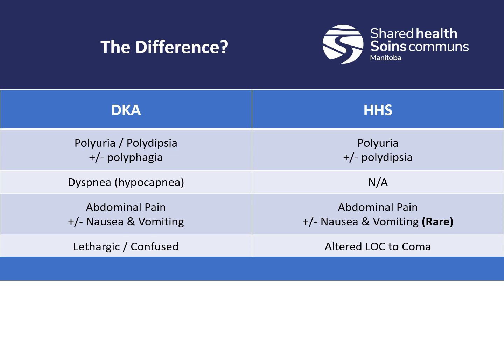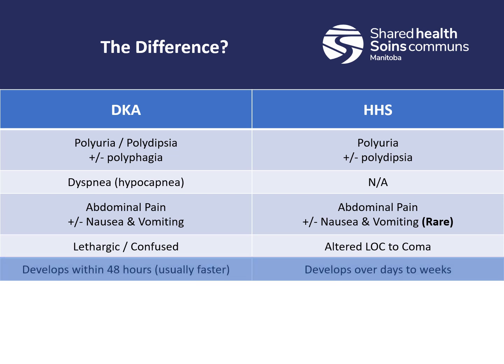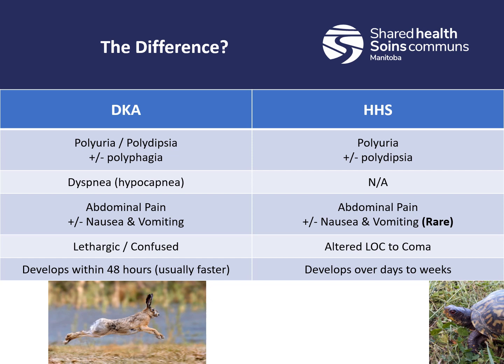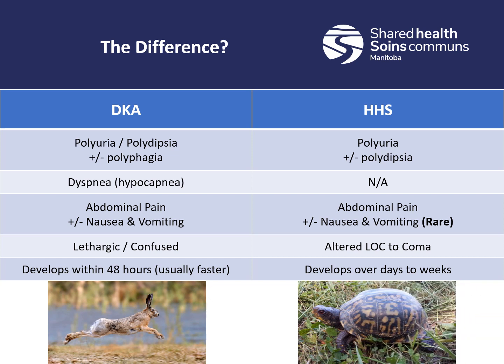DKA is lethargic and confused, and HHS is altered LOC or coma. DKA develops within 48 hours, usually faster, and HHS develops over days to weeks. So the take home here is the major difference in time of onset between these conditions.